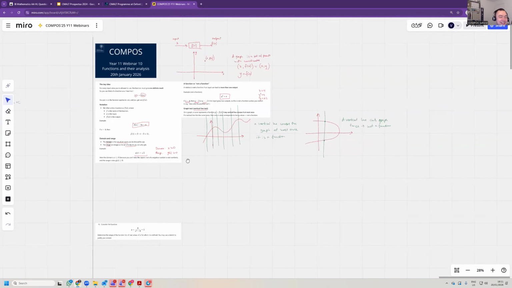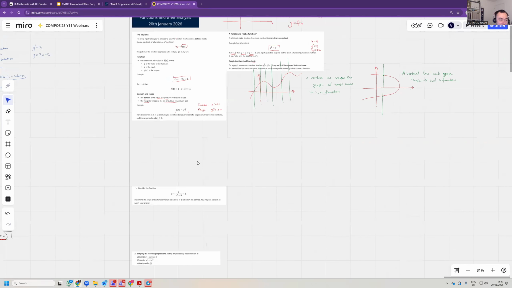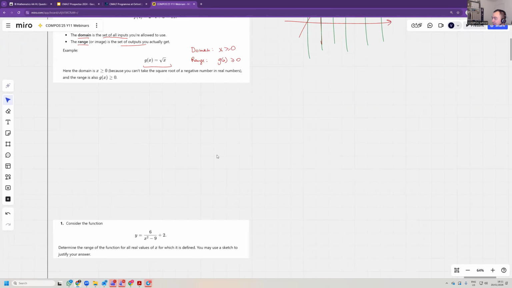Okay. Right. So these are functions. So some properties of a function. Functions can be increasing or decreasing. For example, you can have an increasing function.